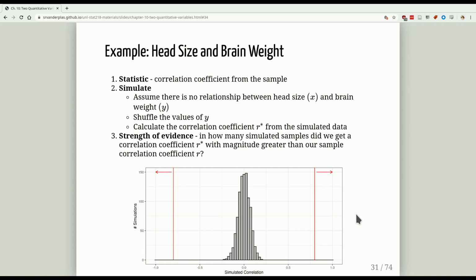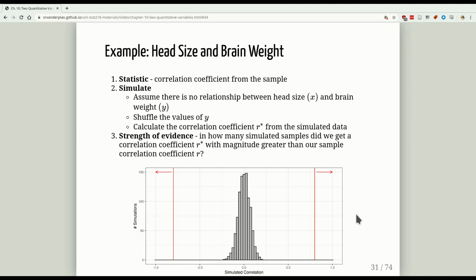And just as we used to draw the plots and draw the vertical lines and the arrows corresponding to the direction of the alternative hypothesis, we can do the same thing here, except there's nothing to shade in because our simulated correlations are all very neatly between negative 0.25 and 0.25, and our sample correlation coefficient was almost 0.8.